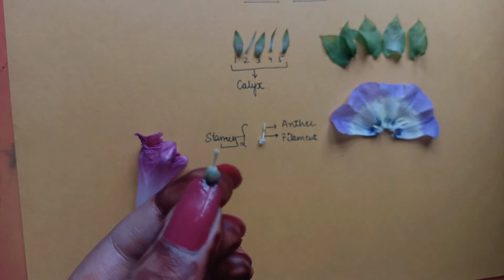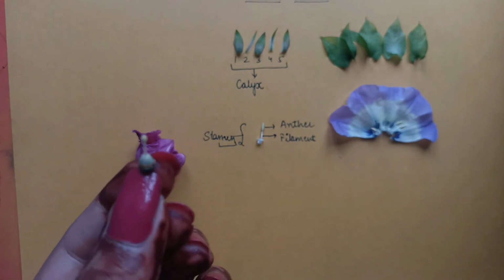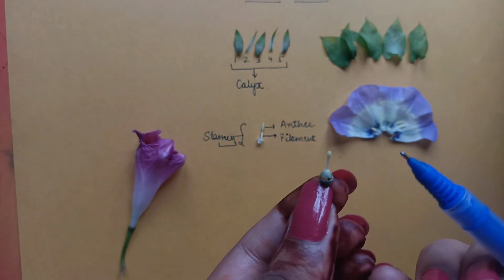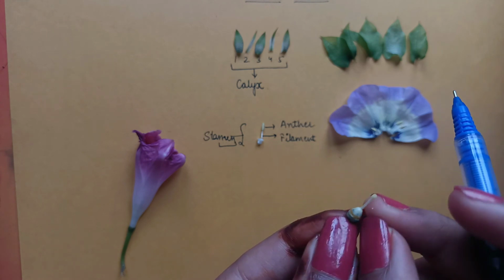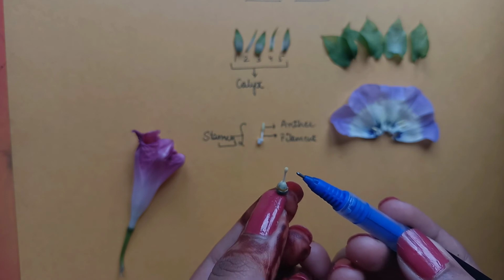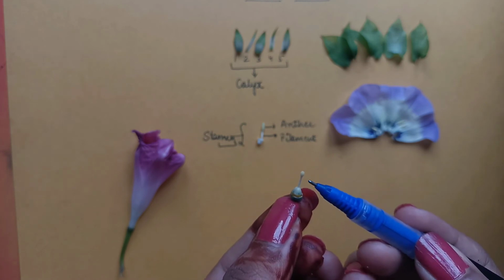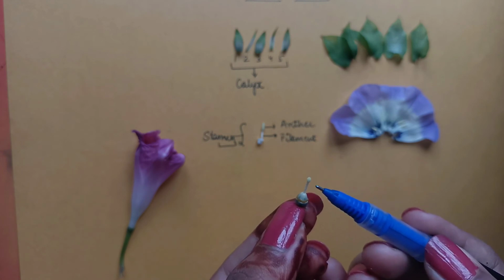From 'men' you can clearly know it is the male part. You can remember it like this. Now when I remove this carefully, I will show you the female part. This part in my hand is the female part. You can see this head-like structure; this is your stigma, and this thread-like structure is your style.